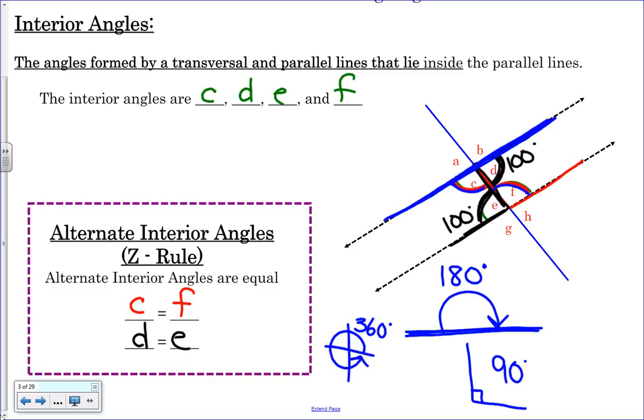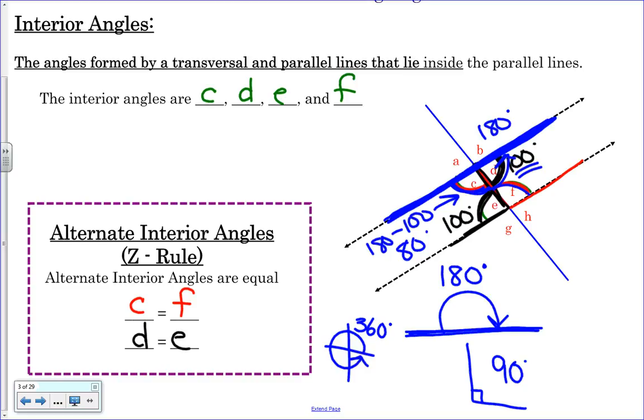That's common knowledge you're bringing into the course. So if this angle here is a straight line, this plus this has to equal 180 degrees. If I already know that this is 100, then this angle C would have to be 180 minus 100, which would be 80 degrees.